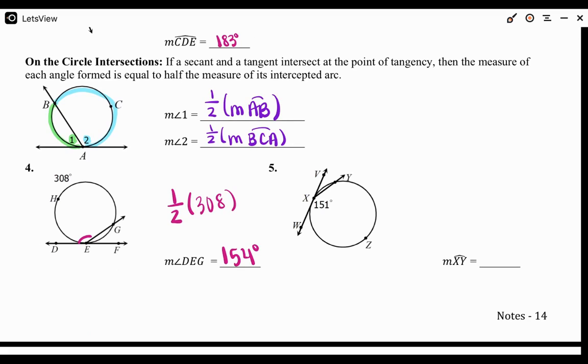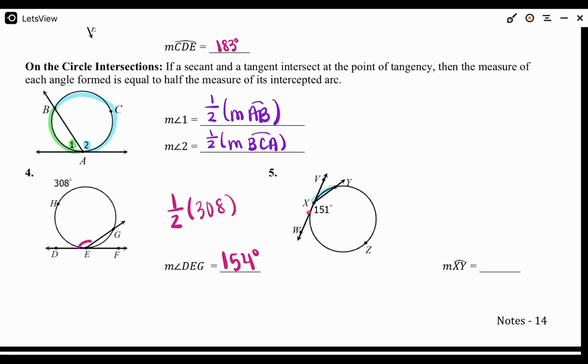Okay, and next we want to find the measure of XY. So the measure of arc XY, that's this arc right here. Well, we're given 151. So we can actually find this arc right here. So we know that 151 is going to be double that arc measure.